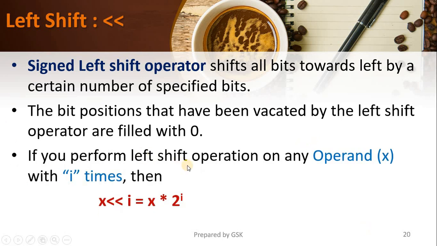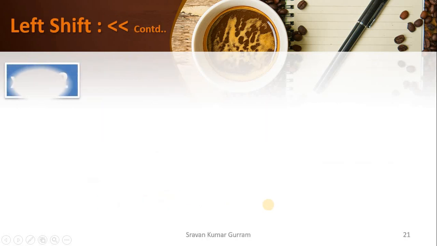If you perform left shift operation on any operand, let us say operand is x, with I times, I number of bits we are trying to move to the left hand side, then we can write like this: x left shift operator I, the final value becomes x into 2 power I. It will be clear in the next slide.